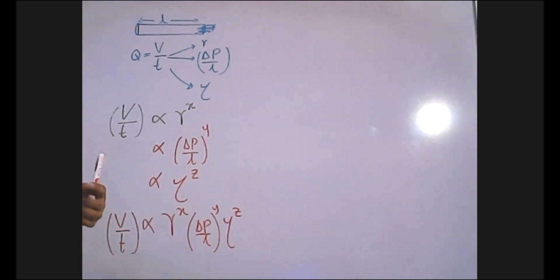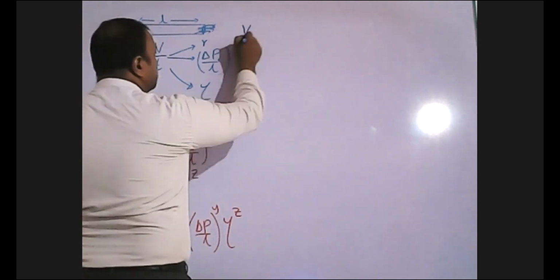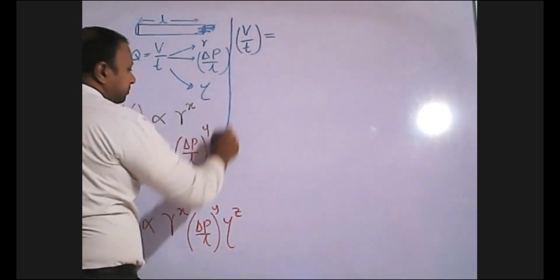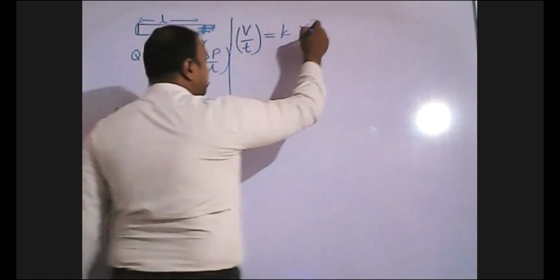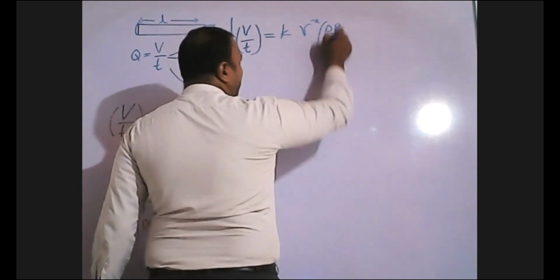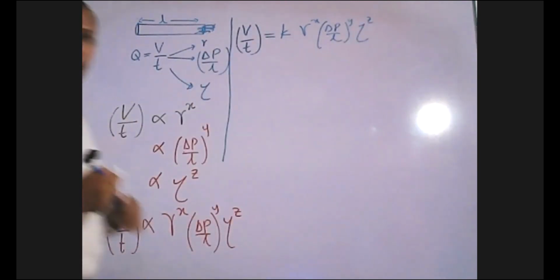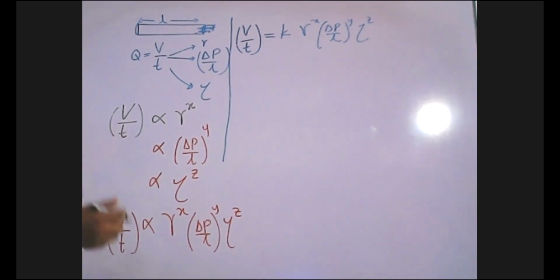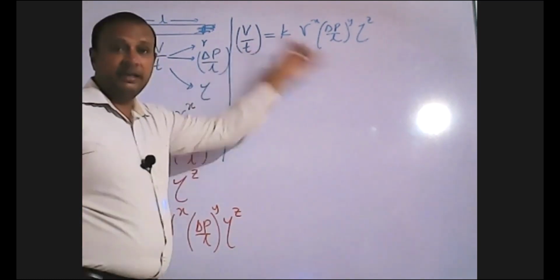Then I can write the assumed equation using a proportionality constant. So V over T is equal to constant times r to the power x, delta P over L to the power y, eta to the power z. As this is an equation, I can equate the dimensions of RHS and LHS.